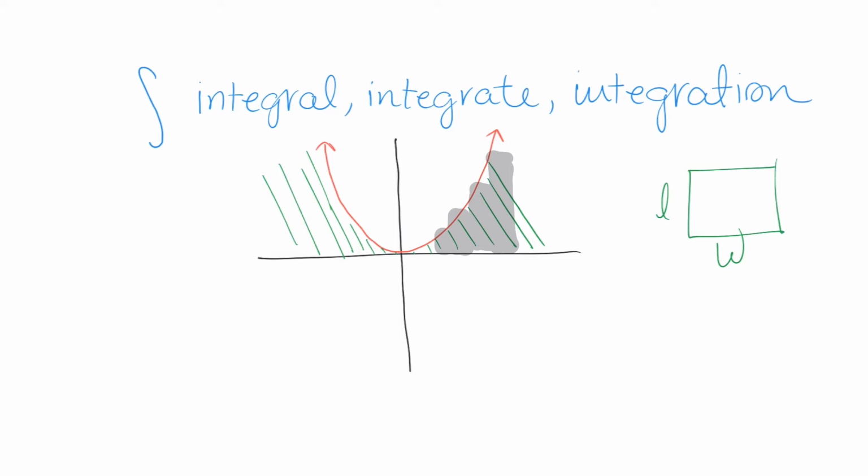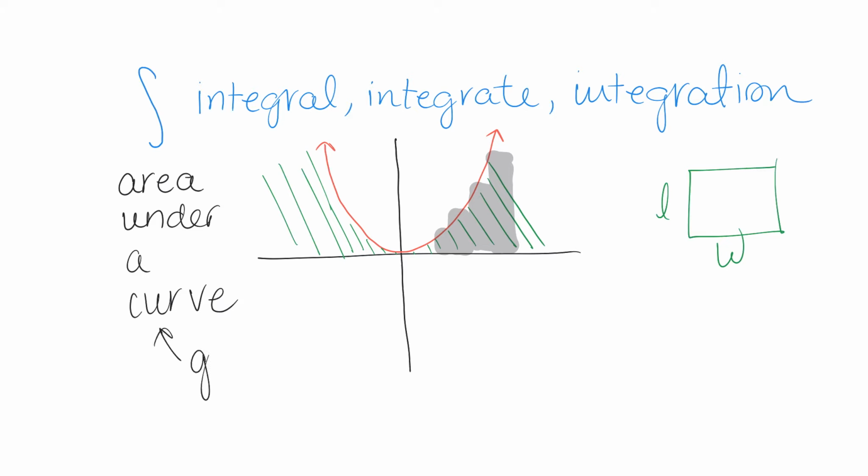So it gets really tricky to figure out the area under a curve. So the area under a curve is really our goal. This is our objective. This is what we are trying to find, and to do that we use integrals.